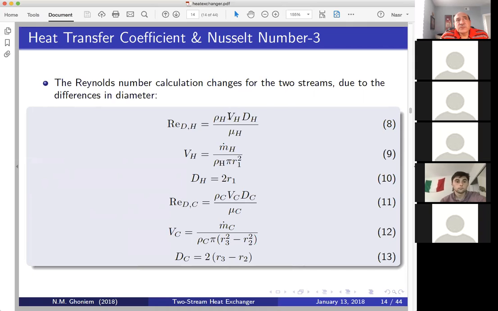So we need to compute the velocity in the inner tube and the velocity in the outer tube. And the velocities come from the mass flow rate that we measure, because we measure the mass flow rate in kilograms per second, divided by the density of the water times pi r squared.